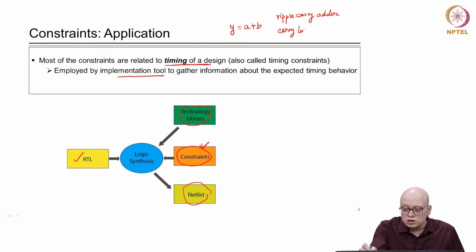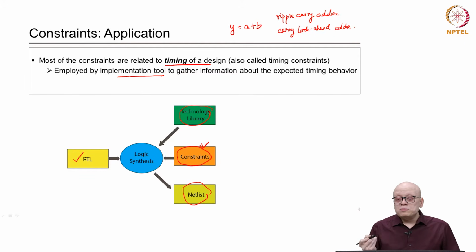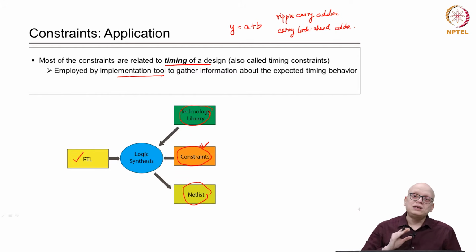Now, while implementing, which of these 2 adders should the tool put in our design, right. So, it will depend on what is the expected performance or the expected frequency at which we want our design to run. For example, if we say that I want the frequency to be very high, that means that the circuit operates at very high frequency.